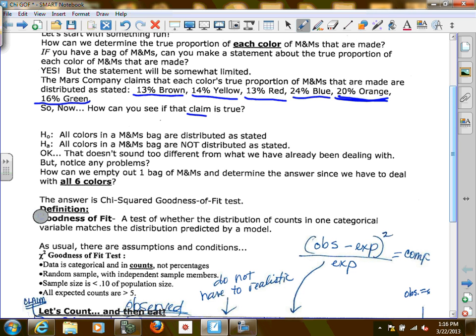Now, question. What if you get a sample that's a little off? Then do you say, oh, it's not? What's that called where your sample might be different and it's not too far off? Sampling variation.